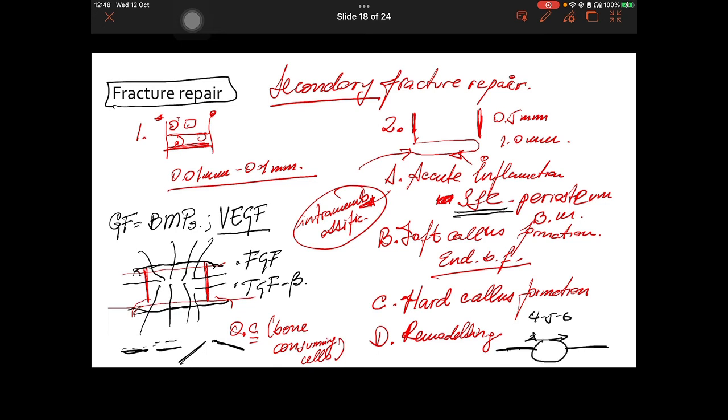Then we have to make sure that we have strategies for these critical size defects that are quite long, so we can create new bone. And there are strategies in the field that are targeted to fix critical size defects.